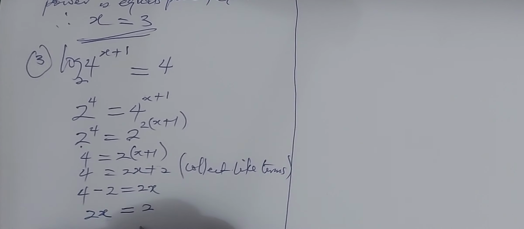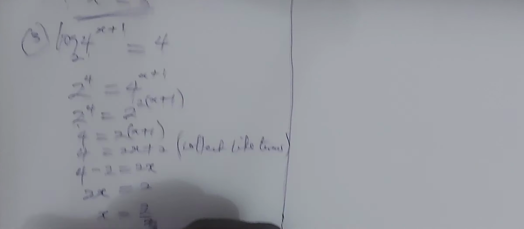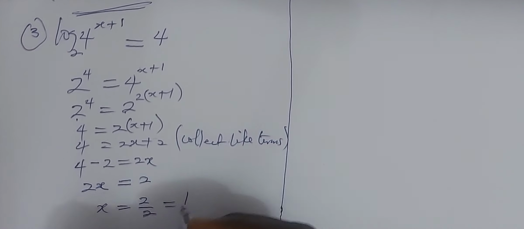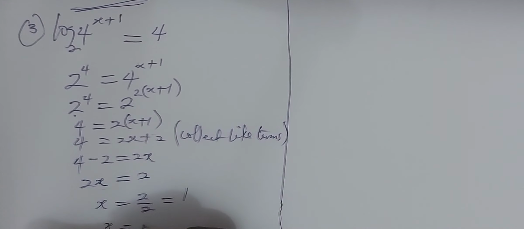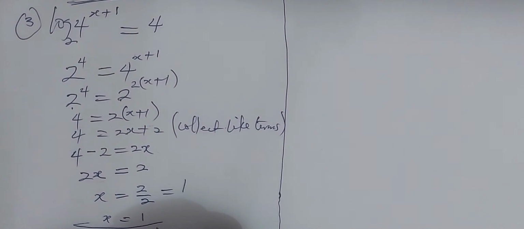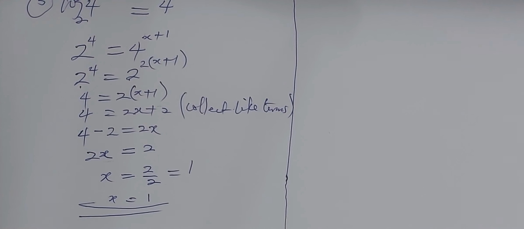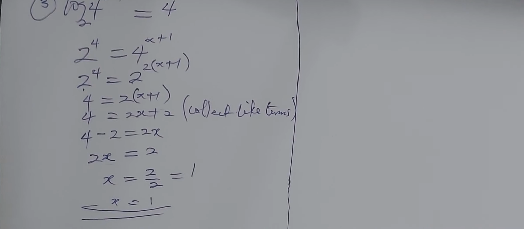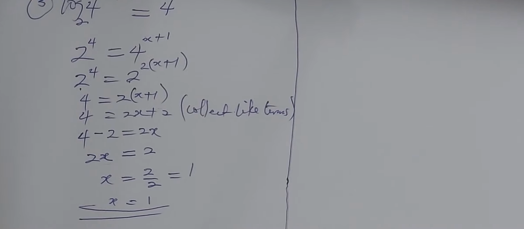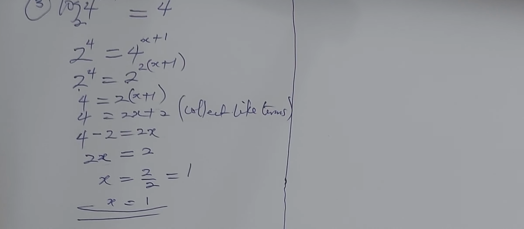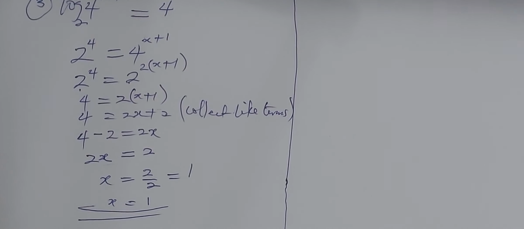We now have x equals 2 divided by 2, which equals 1. x equals 1 is the answer. It's very simple. So let's take number 4.